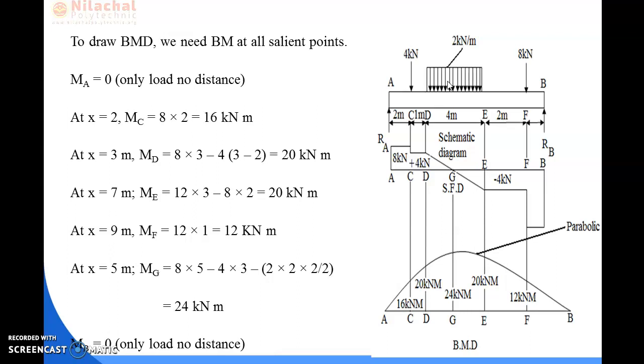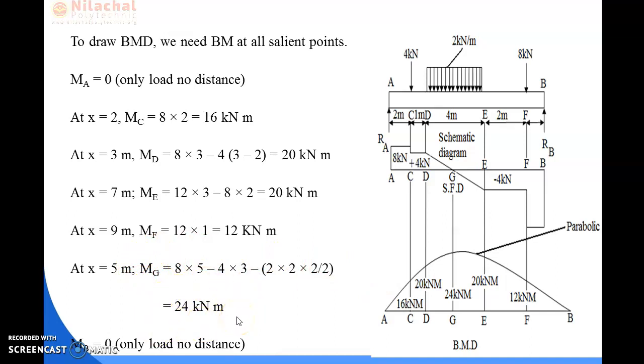The load is 2 kilonewton per meter, the distance is 2, and distance by 2 is 2 by 2. So here we can write 2 into 2 into 2 by 2. The sign of this UDL will be negative because it will give a hogging moment towards point G. Hence, the total moment at point G will be 24 kilonewton meter.